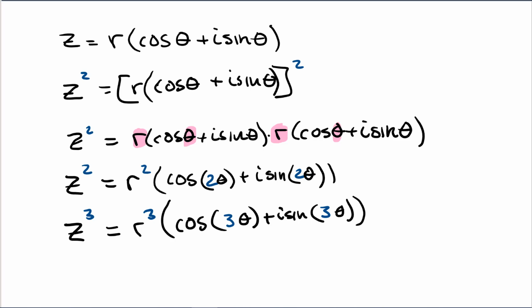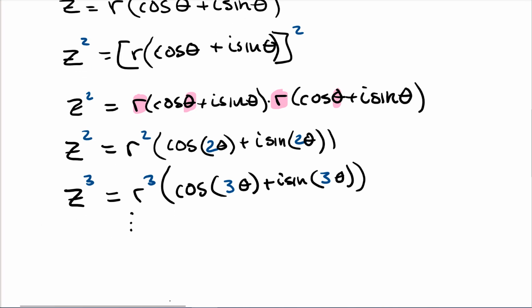If you had 3 things, you take all the angles, theta plus theta plus theta, for 3 thetas. Now, if you were to continue doing this forever up to the nth power, where n is any positive whole number, we're going to get r raised to whatever that power is.